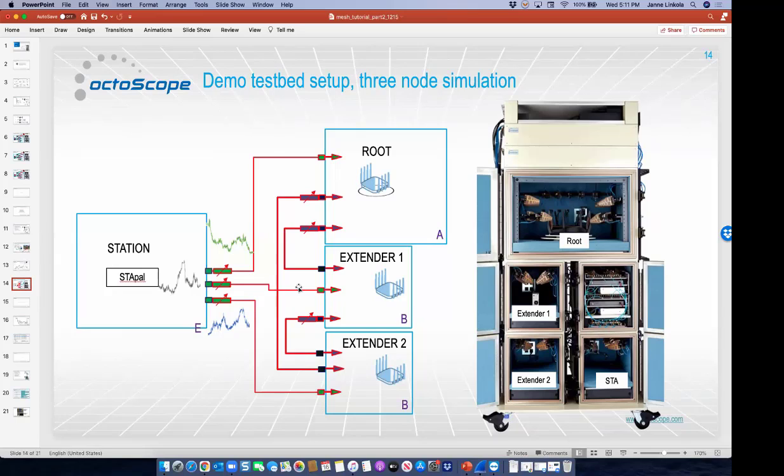The reason I bring it up is that people do come to octoScope to find out about the best ways of testing functionality across a range of different features, like mesh.